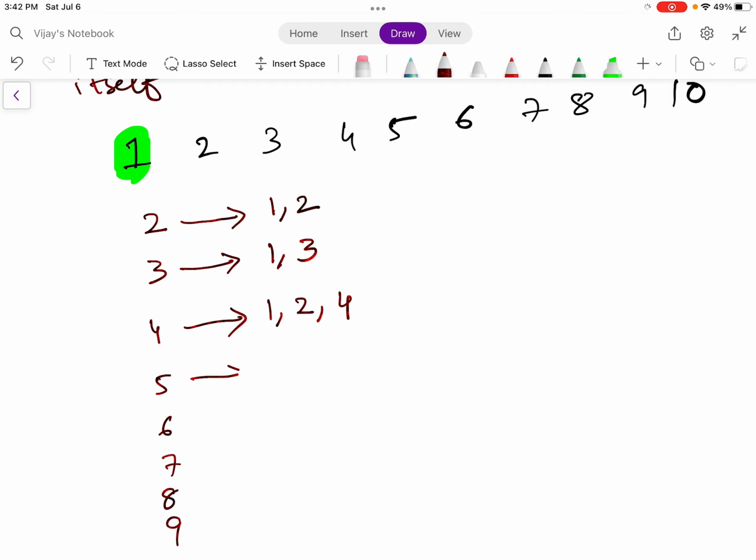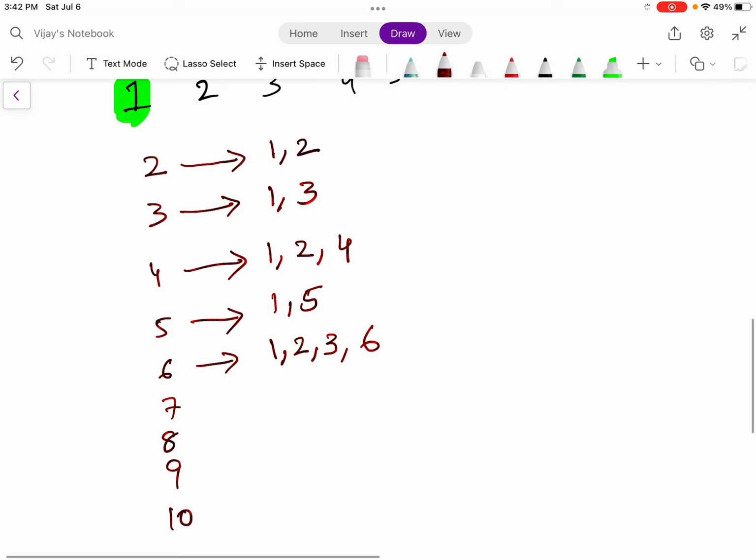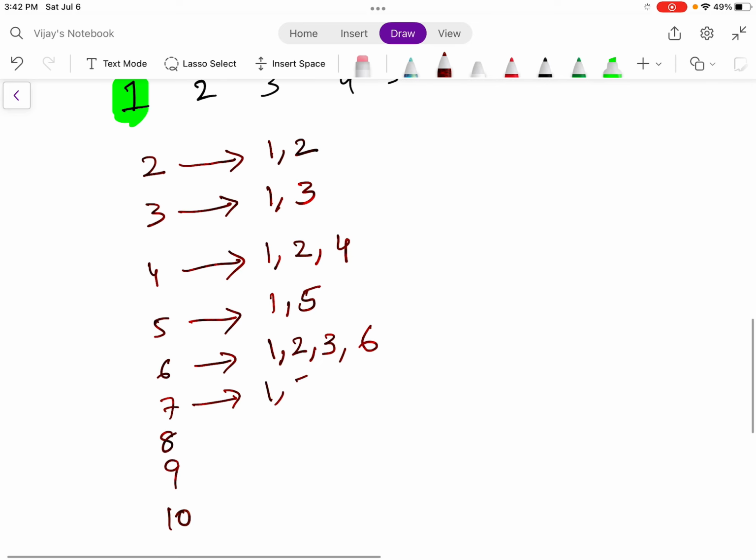The factors of 5 are 1, 5. The factors of 6 are 1, 2, 3, 6. The factors of 7 are 1, 7. The factors of 8 are 1, 2, 4, 8. The factors of 9 are 1, 3, 9. The factors of 10 are 1, 2, 5, 10.